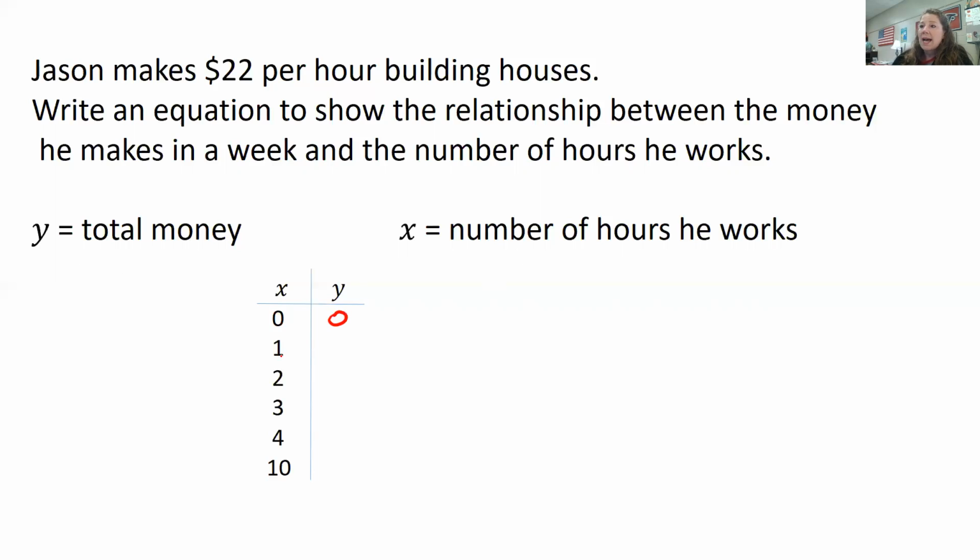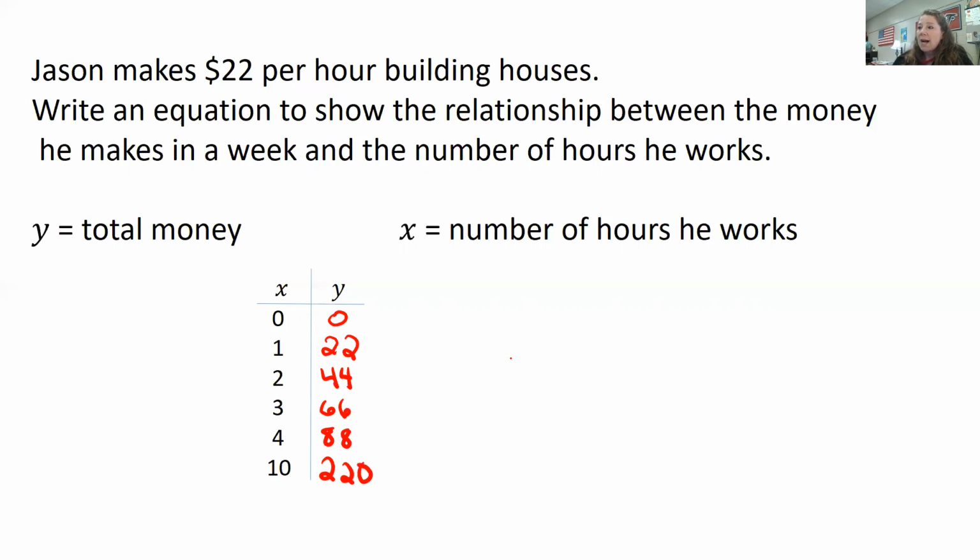What if he worked 1 hour at $22 per hour? How much money would he make? $22. What if he worked 2 hours? 2 times 22 is 44. 3 hours, that would be 66. 4 hours times $22 per hour is 88. And if he worked 10 hours that week, he would make $220.